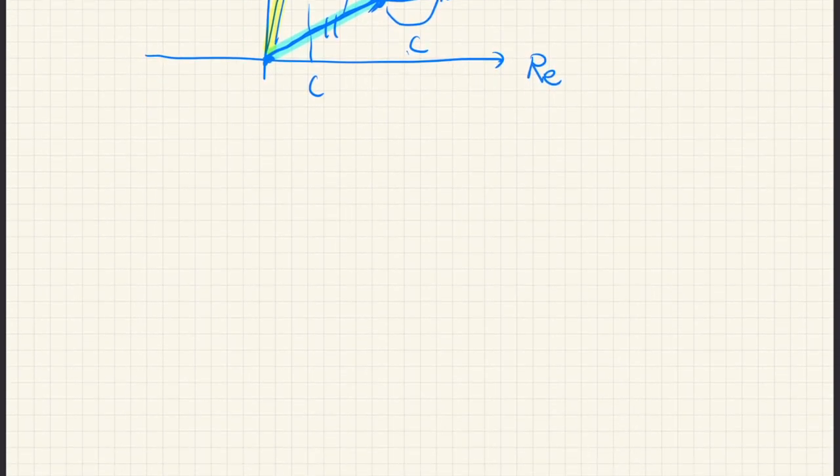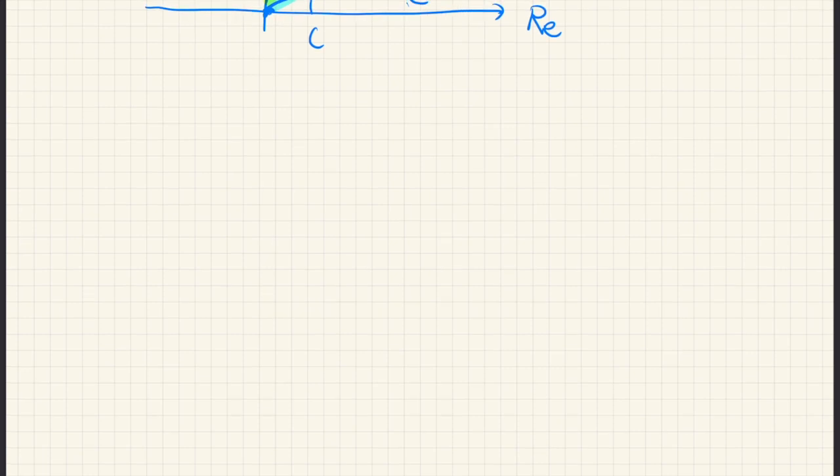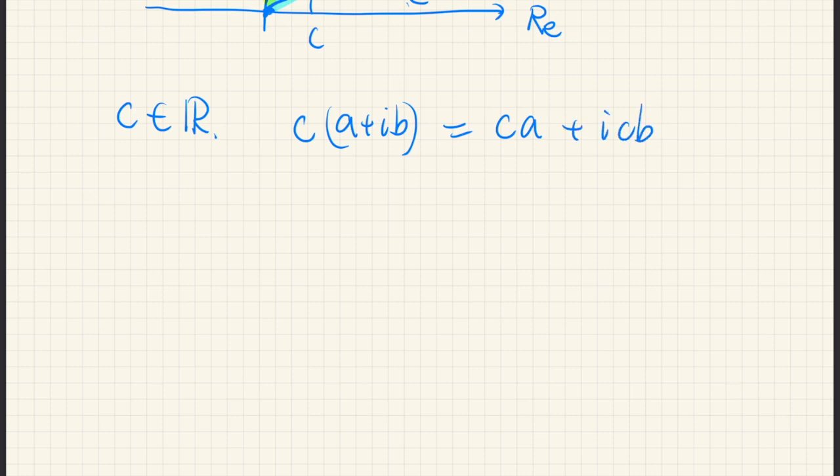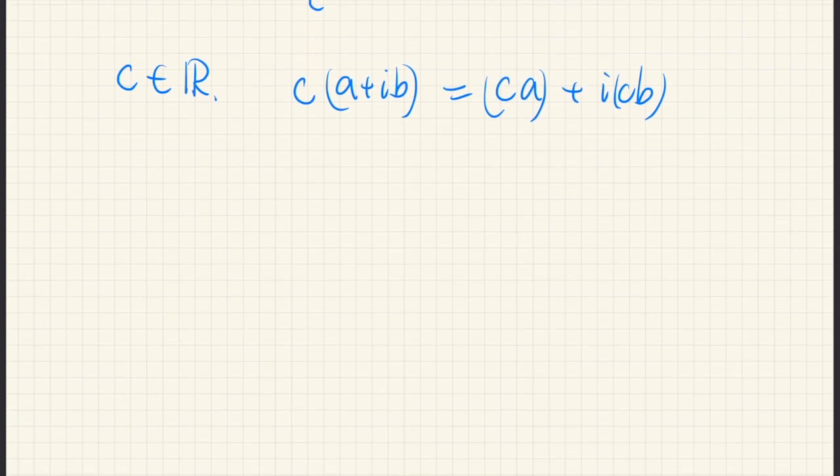Next, we consider multiplication by a real number. Let's say c is real. If we multiply the complex number a plus ib by a real number c, then what we have is ca plus icb. So what does this mean on the complex plane? Let's draw a picture.